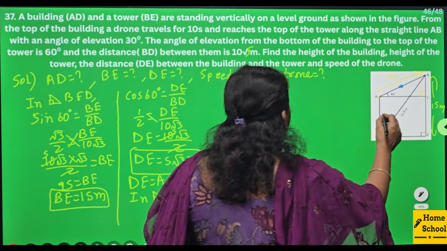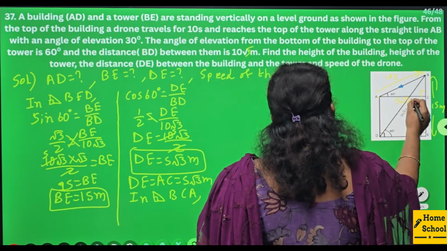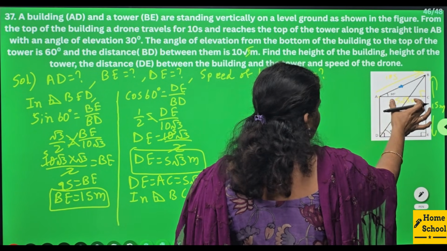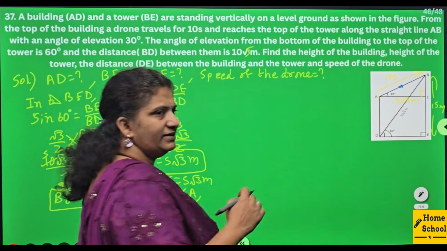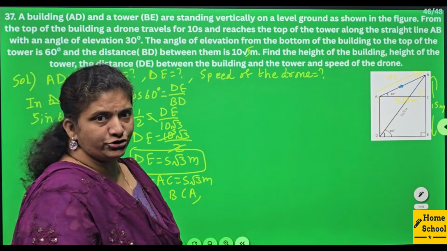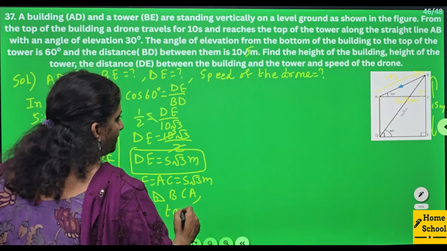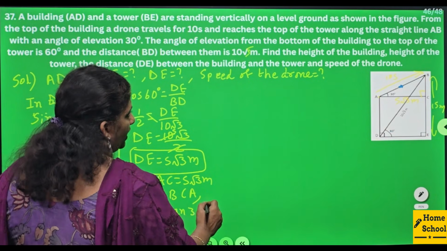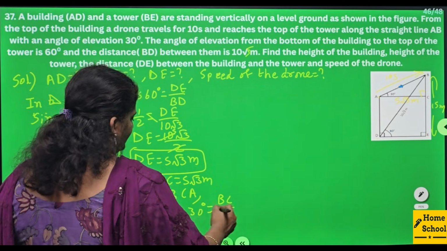We know this one, 5 root 3 meters. For the angle, this is adjacent. We are going to find opposite. Adjacent and opposite, which ratio? Tan. So, tan 30 degrees is equal to opposite BC by adjacent AC.